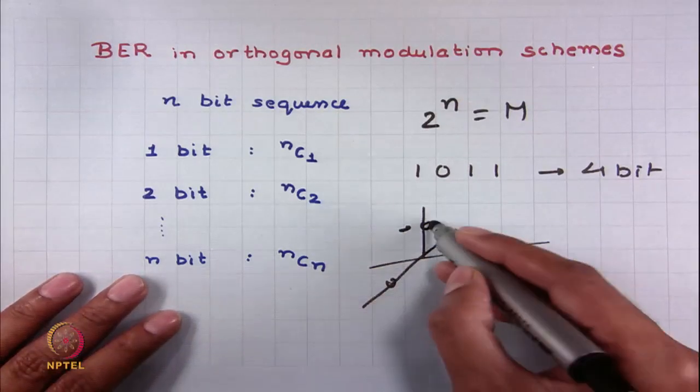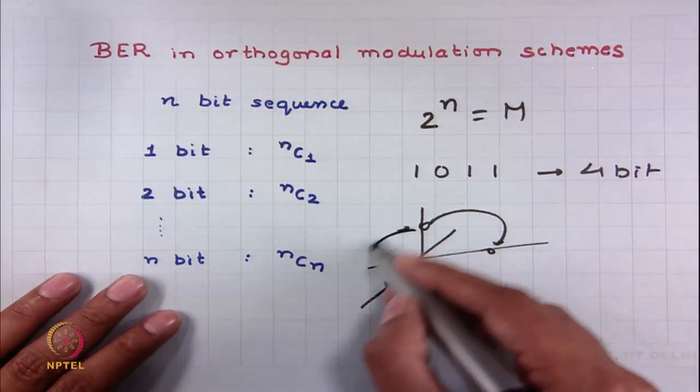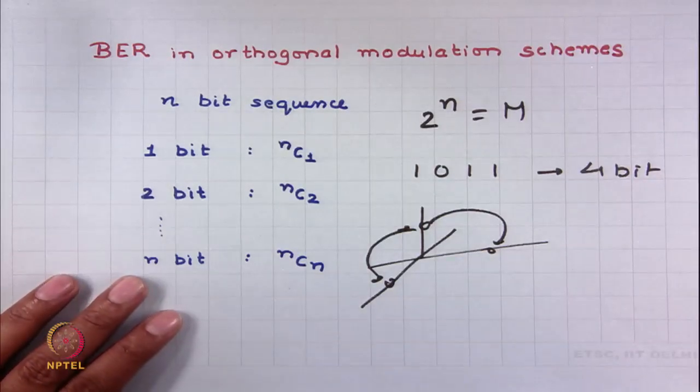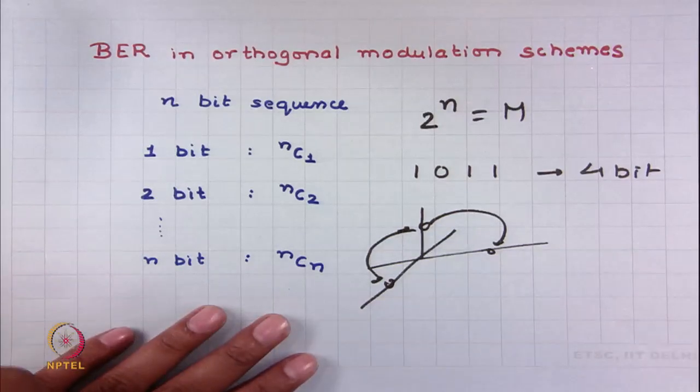Thus, this symbol might slip to this symbol, might slip to this symbol, and so on and so forth. And thus, in this orthogonal modulation scheme, what happens is there is nothing like gray coding, because all symbols are neighbors of a considered symbol, and thus you cannot make sure that the neighbors only differ by 1 bit. That is not possible. Okay.